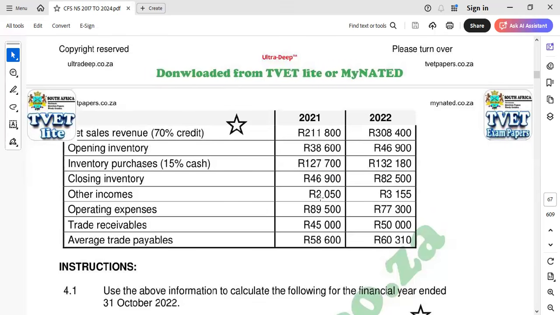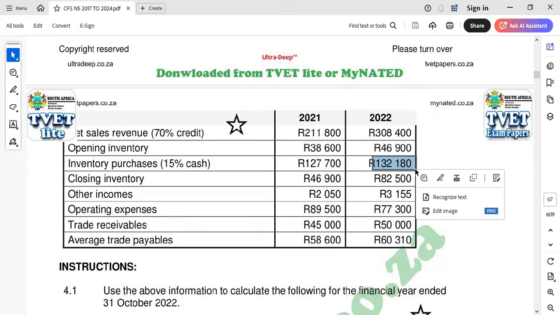In order for us to get the cost of sales, remember, let us do it the longest way, but we are supposed to say opening balance of inventory, plus the purchases of the month, which is this one.